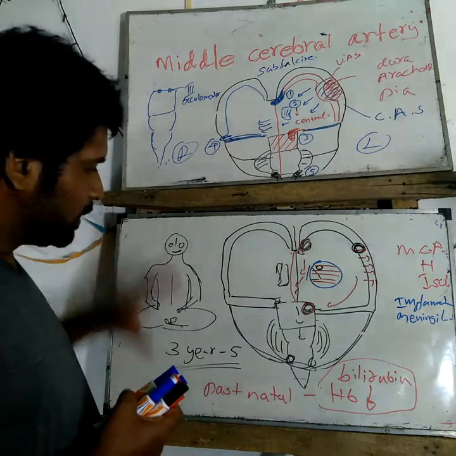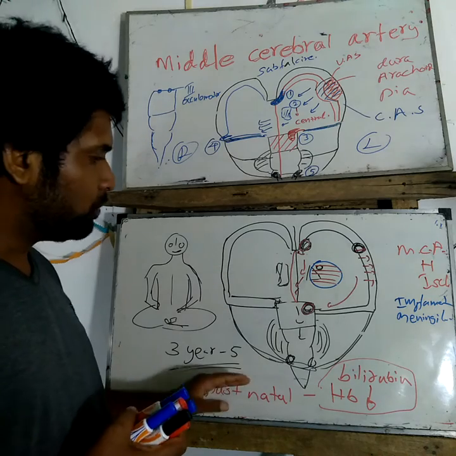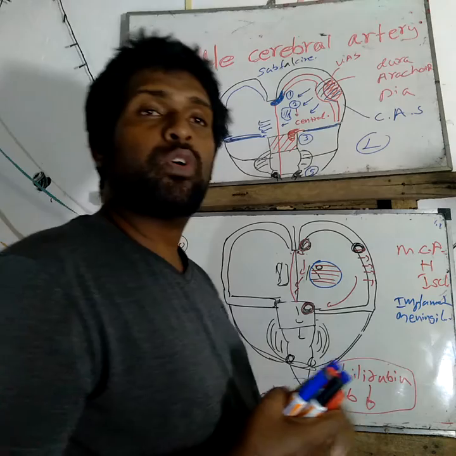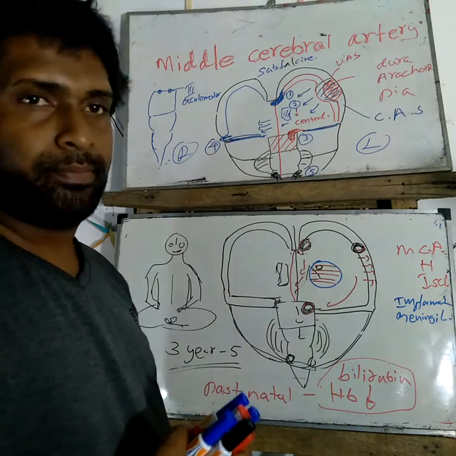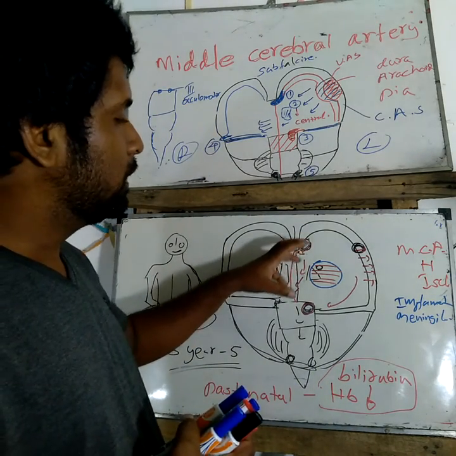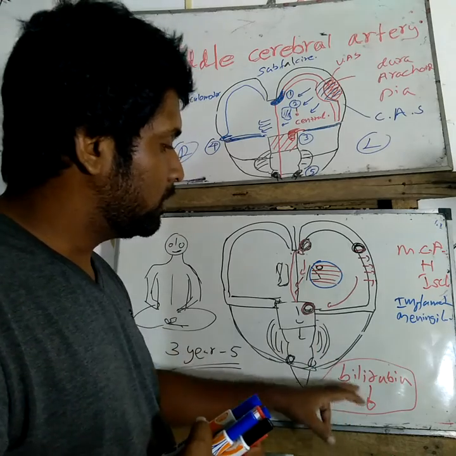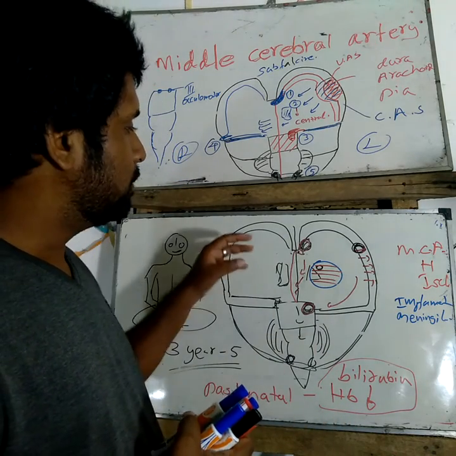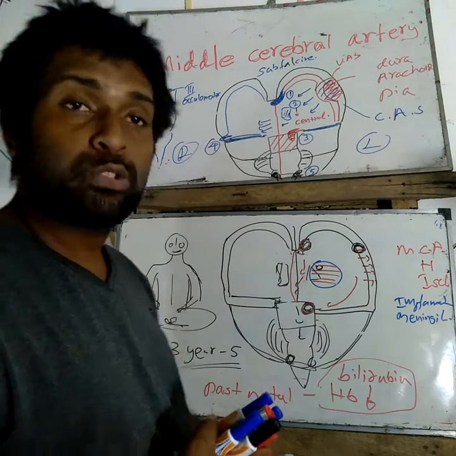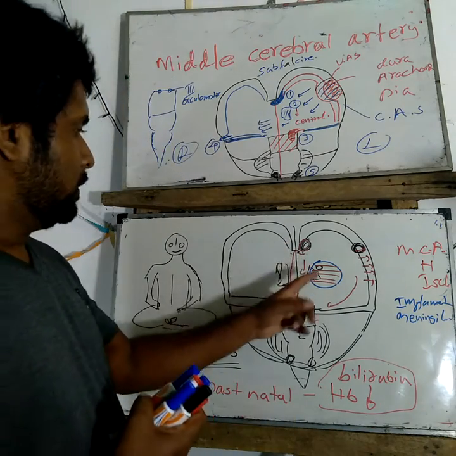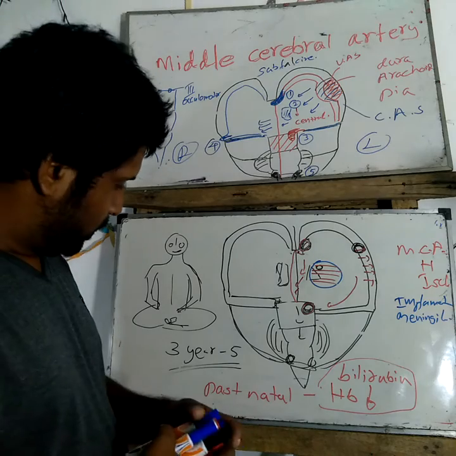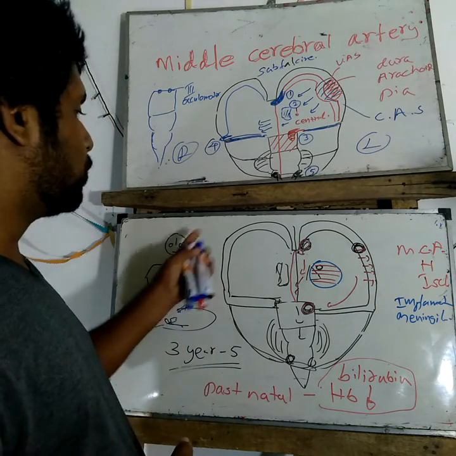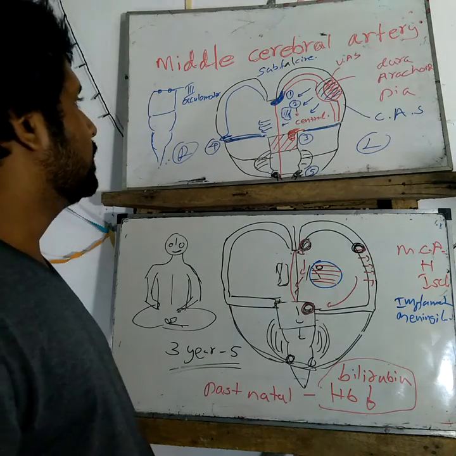After 3 to 5 years, some form of lesion can happen inside the brain, some form of bile attack to the central nervous system. These are the most important points to discuss in this session, some form of damage inside the brain.